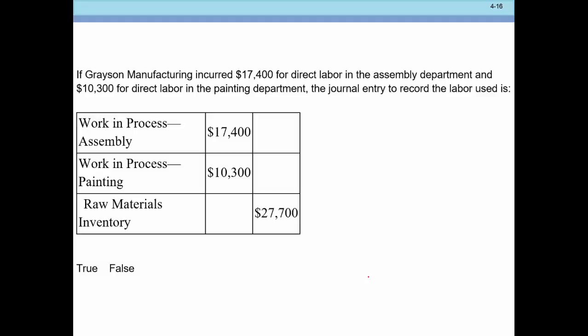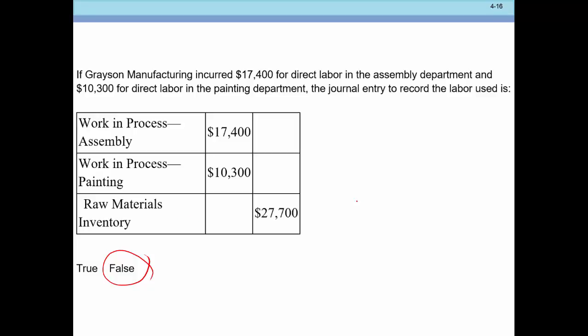Is this true or false? Should we debit work in progress in the two departments? Yes, we should, right? Should we credit raw materials for labor? No, we shouldn't, so this is false, isn't it? What should we be crediting here? We should be crediting salaries payable or something?